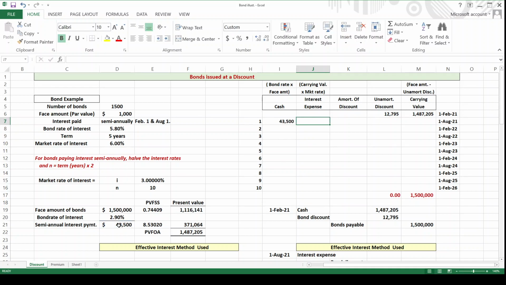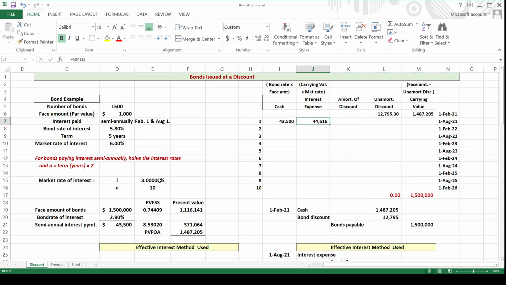Okay. Interest expense. Take the carrying value and multiply it times the market rate. Well, the carrying value is going to gradually go up to 1.5 million. So we're going to get a different number for interest expense every 6 months. So I'm going to take this 1487 over here and multiply times the interest rate, which is going to be the market or effective rate, 3%, 44,616.